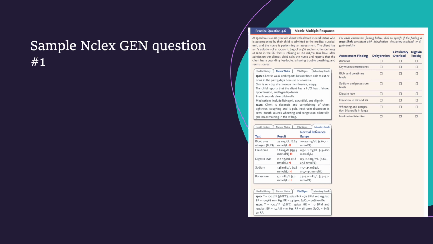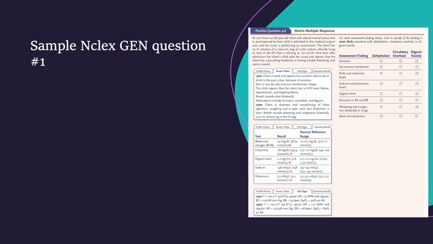So now let's go to the question. The question reads, for each assessment finding below, specify if it's most likely consistent with dehydration, circulatory overload, or digoxin toxicity. So here is where we need to have content knowledge on dehydration presentation, circulatory overload presentation, and digoxin presentation.